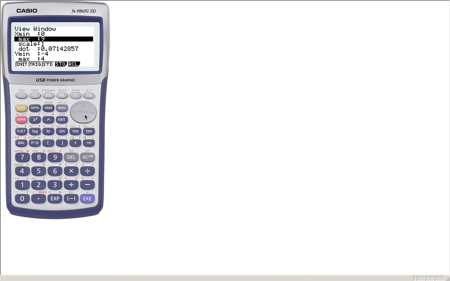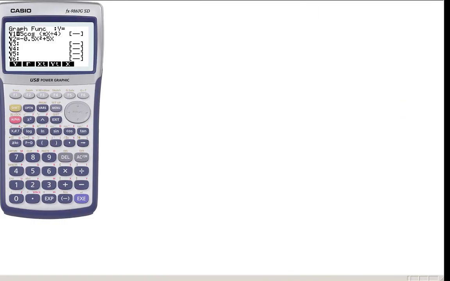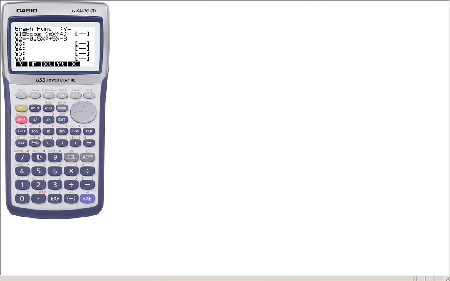Let us say minus 10 to plus 10. Yeah, this is better. So now let me sketch the second one, minus 0.5x squared plus 5x minus 8. Okay, so these are the two graphs.